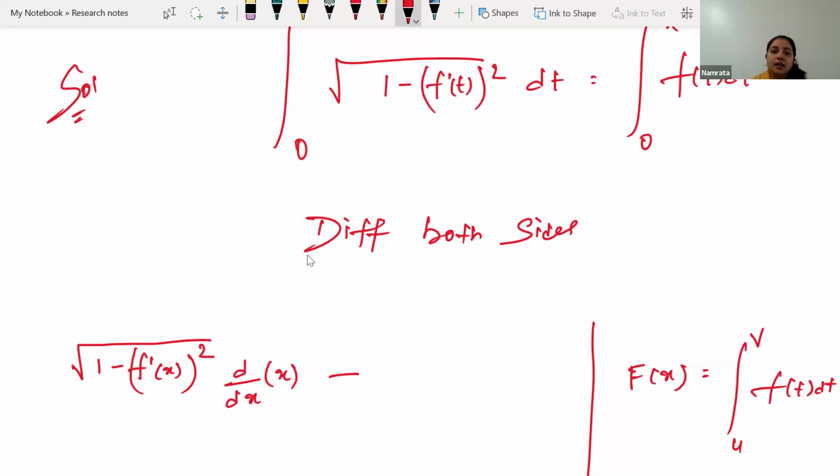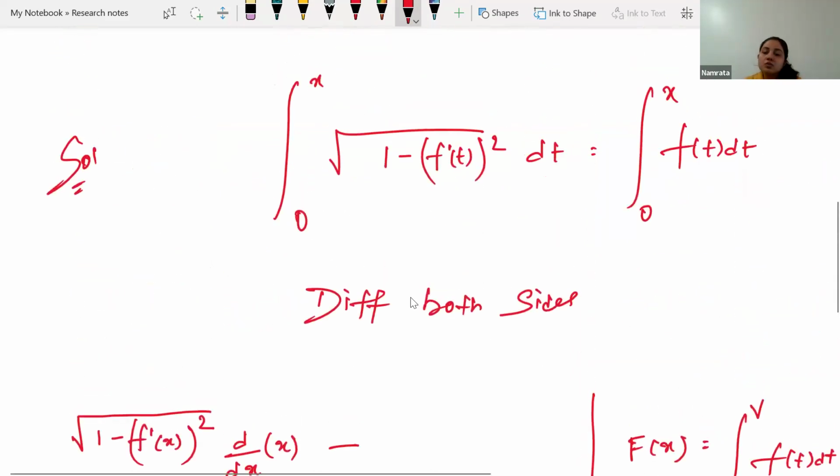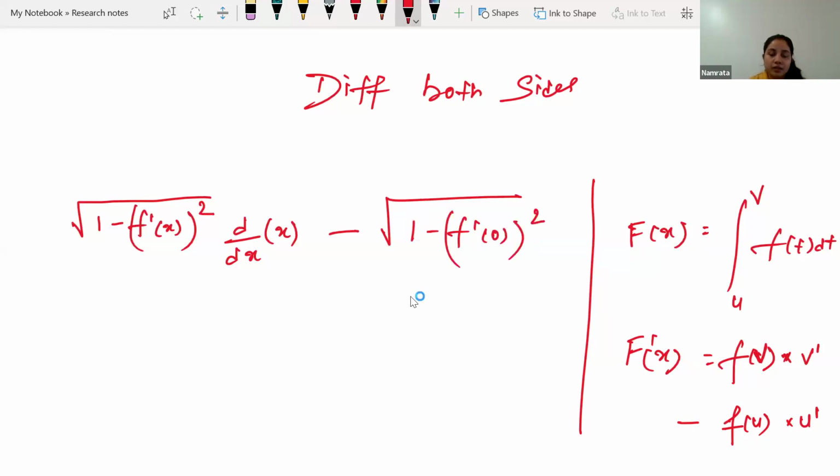Again, minus sign, and in the same integrand we put the lower limit. The lower limit is 0, so it will become square root of 1 minus f dash 0, that's whole squared, times d dx of 0.